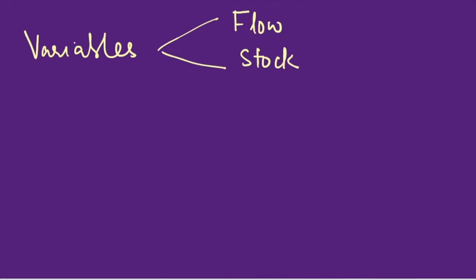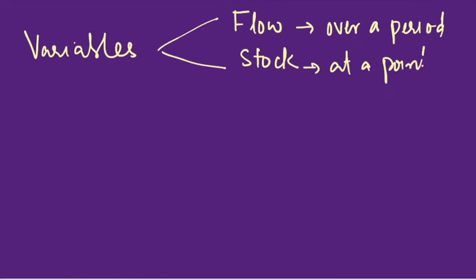Flow variables are measured over a period of time, and stock variables are measured at a particular point in time.